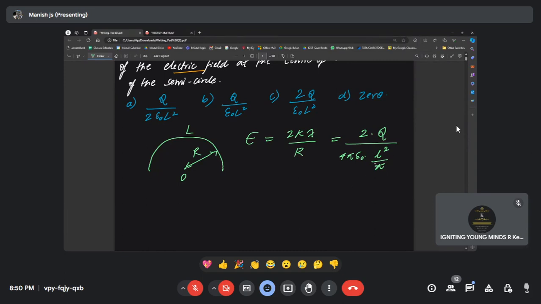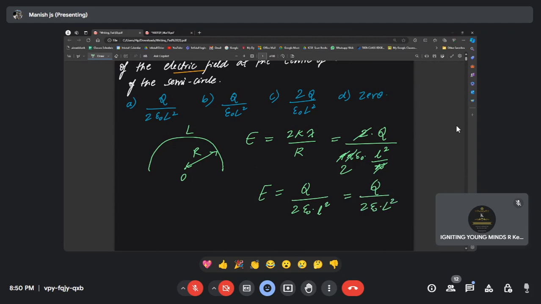Again I'm substituting the values and going for simplification. So you will get E is equal to, here this 2 and 4 can get cancelled off, so you will get Q upon 2 epsilon naught and L squared. Pi is also getting cancelled. Here we are using capital L, so Q upon 2 epsilon naught capital L squared.